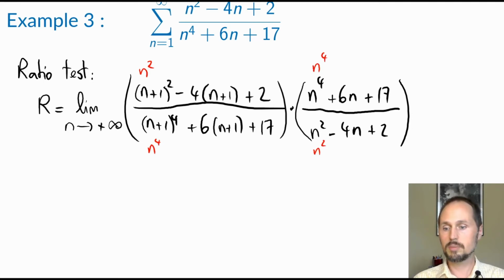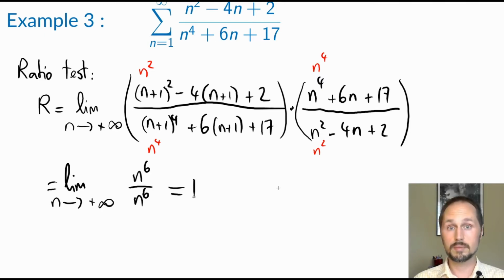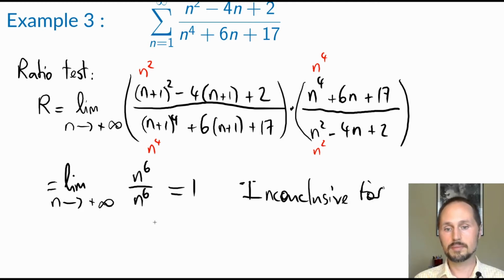So this is going to be equal to the limit as n goes to infinity of n to the sixth over n to the sixth. So we're going to get 1. And this is one of our inconclusive cases. This is inconclusive for the ratio test.